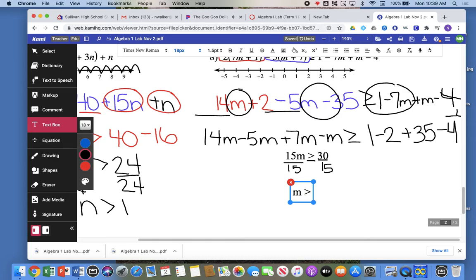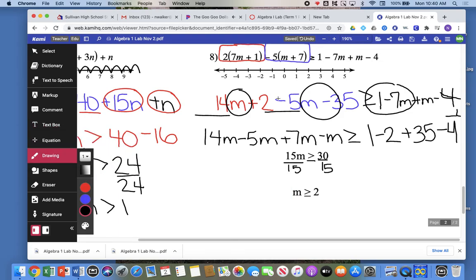Greater than. You just have to take off the underliner, otherwise it's going to underline your 2. So we got m is greater than or equal to 2. Open or closed at 2? It is closed. Fill it in. Which way do I go? Right. That's a really ugly shading, but my mouse doesn't do as good of a job as the stylus does.